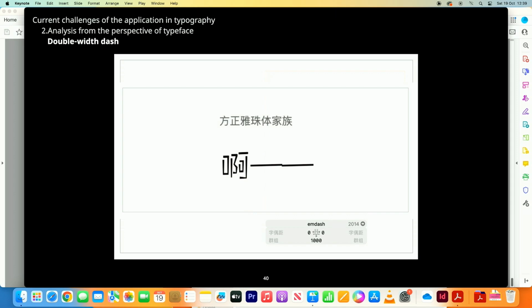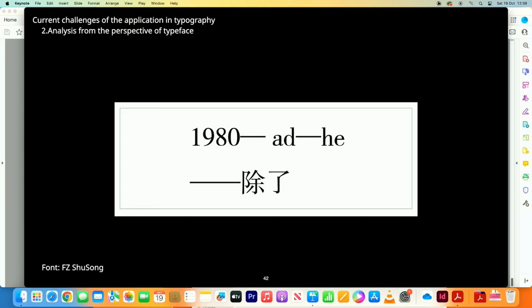Except for this, there are 2 other issues. One is that if we turn off the prohibition rule function in InDesign or Illustrator and use justify alignment, it will break in the middle. And the second is that this em dash and double dash are too close to the character, letter or number next to it.